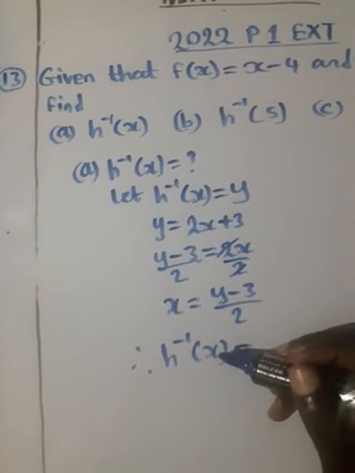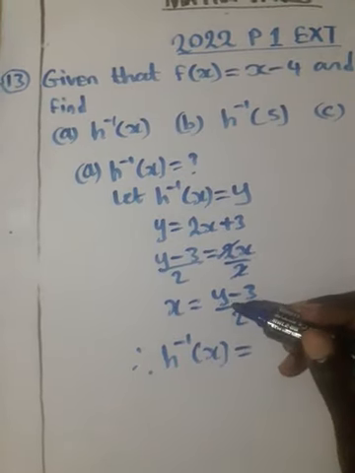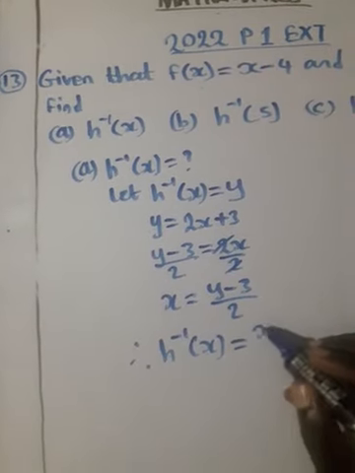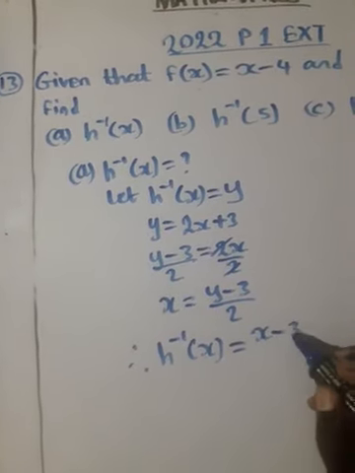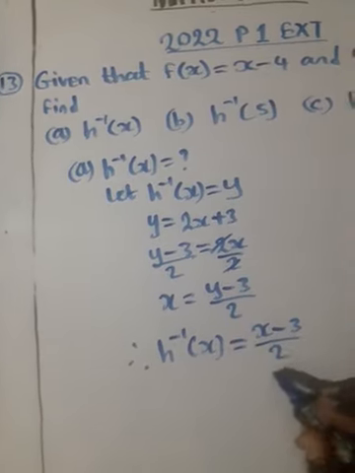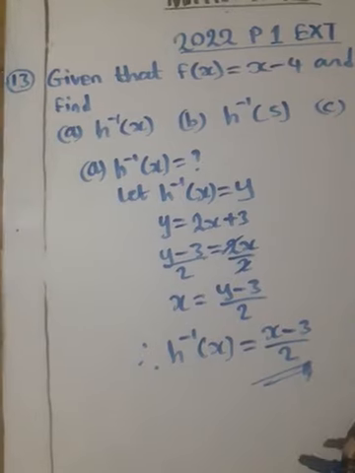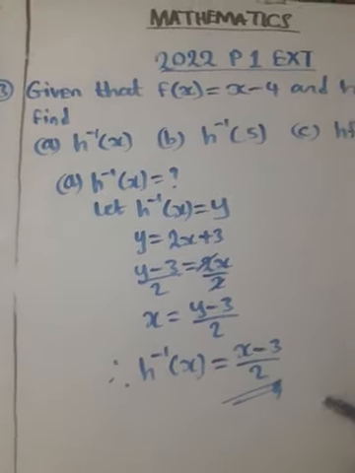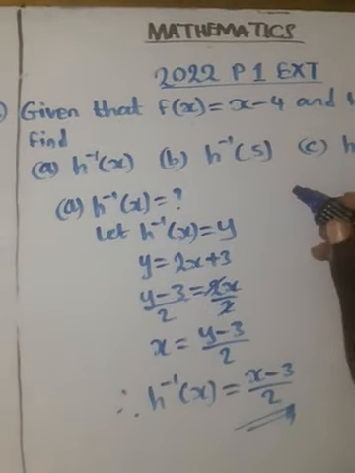So here we have x. So y will be replaced with x, which is going to be x minus 3 over 2. So this is the inverse. We go to part B.